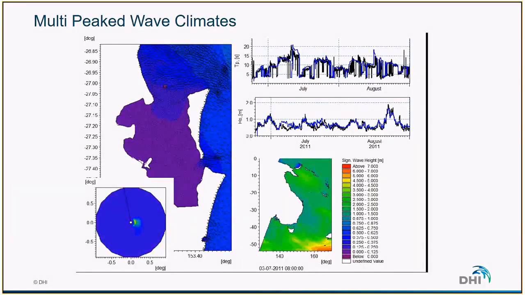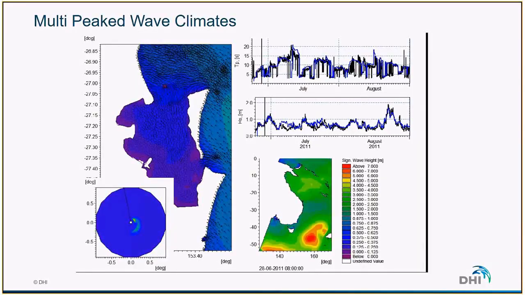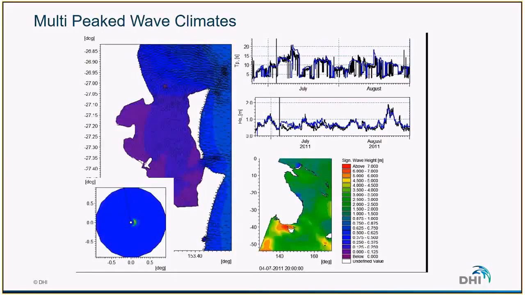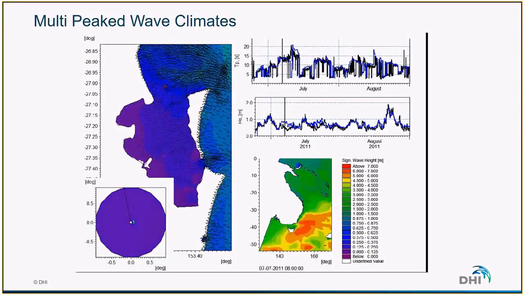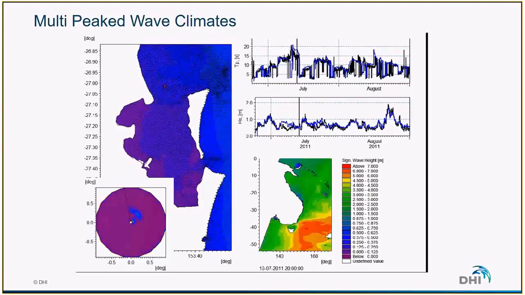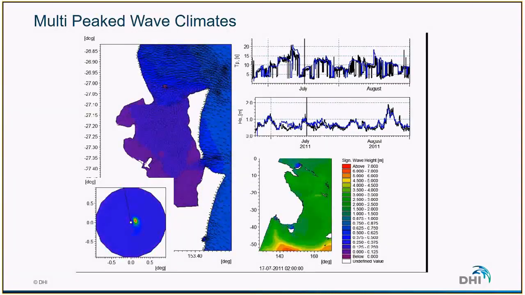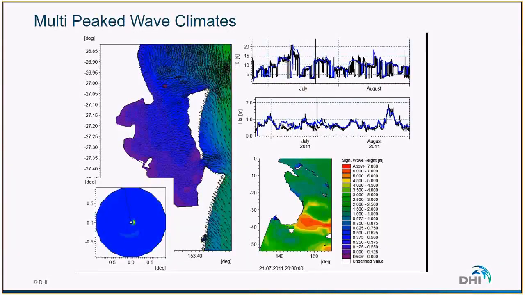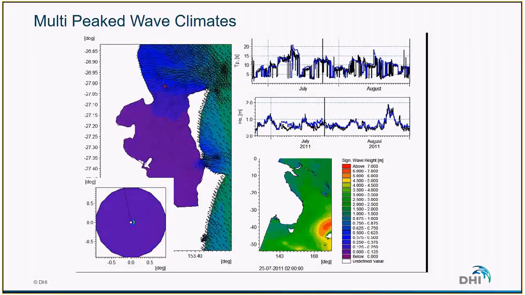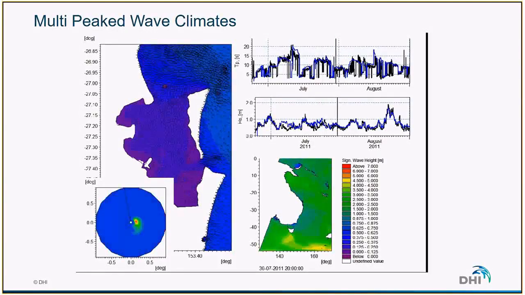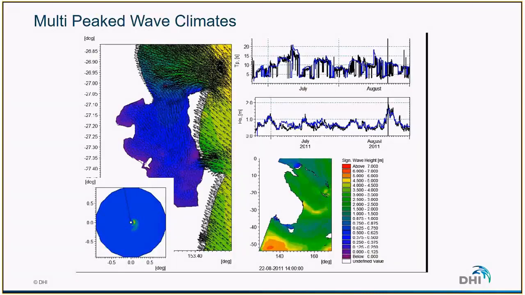What we see here is that where there is red color, there is a peak of energy. And we can see that at some specific times, we have peaks of energy coming from different directions. It's important to keep in mind that the integrated parameters are calculated for a specific spectrum, but this spectrum is not necessarily as uniform as it can be seen in the parameters.